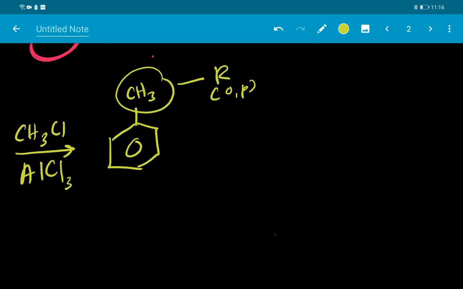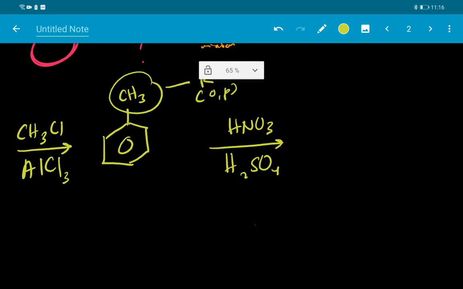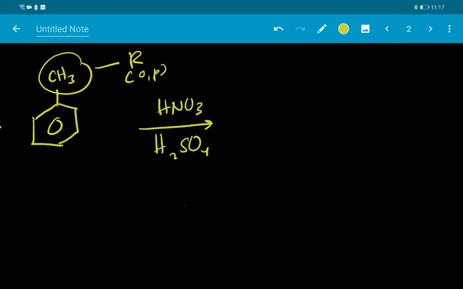we're going to add the nitro first by adding nitric acid together with sulfuric acid. So we're going to come up with 2 structures. The first structure is CH3 with the NO2 at the ortho position.